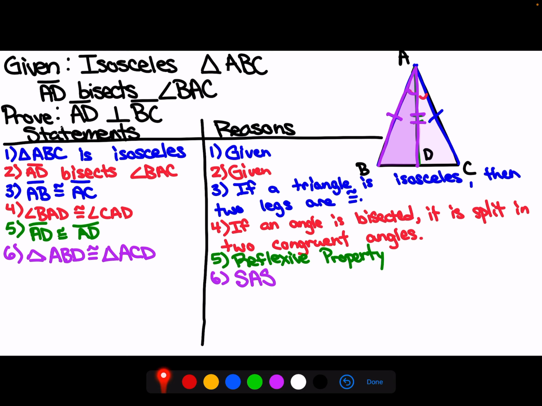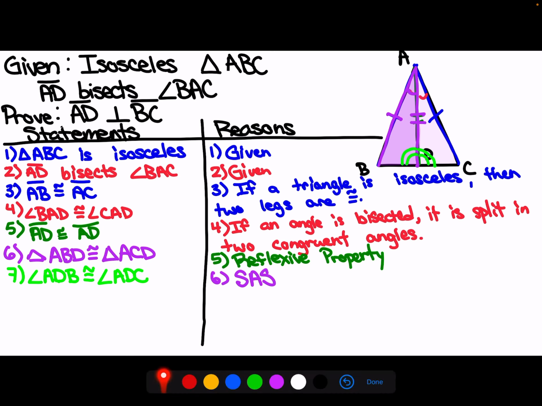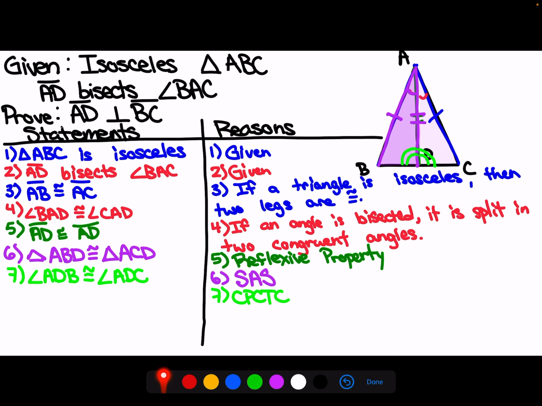Now, if the two triangles are congruent, then I know that angle ADB and ADC are also congruent. So angle ADB is congruent to angle ADC because if two triangles are congruent, which we see in statement number 6, then the corresponding parts of those congruent triangles are also congruent.